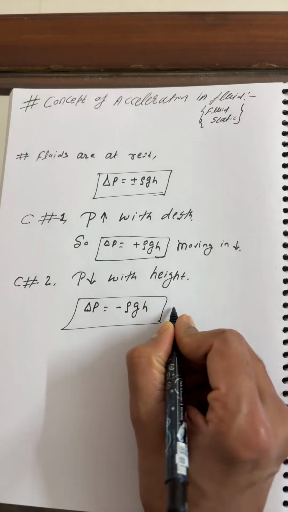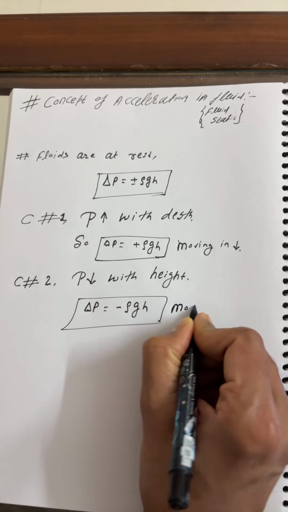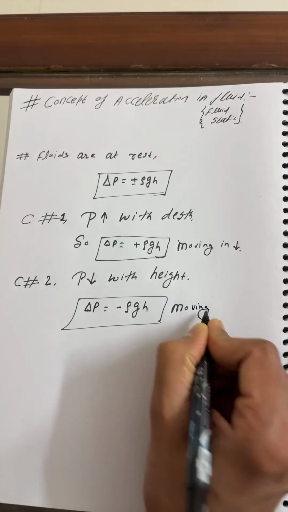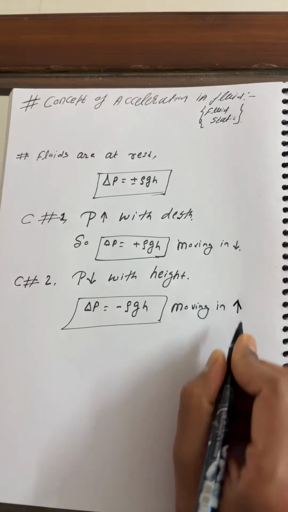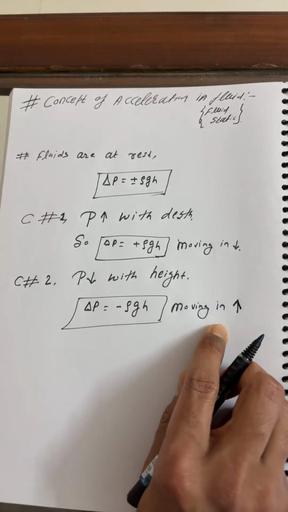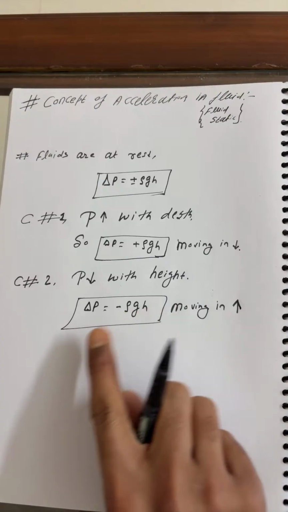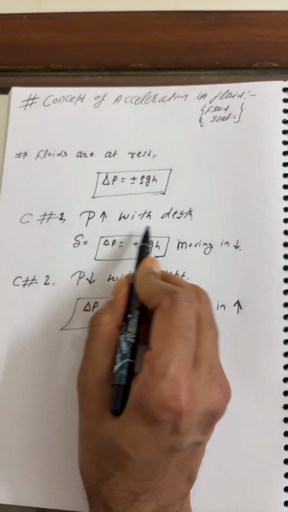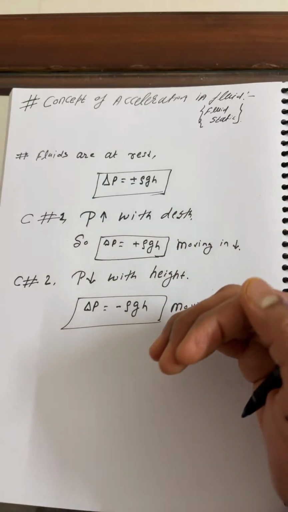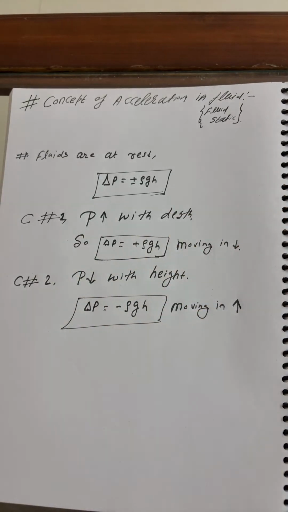If you are moving in the upward direction with the fluid at rest, the change in pressure is minus rho gh. Pressure increases with depth when you are coming in the downward direction, which is plus rho gh.